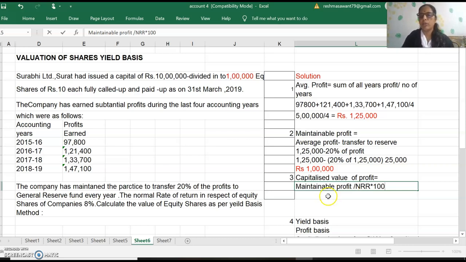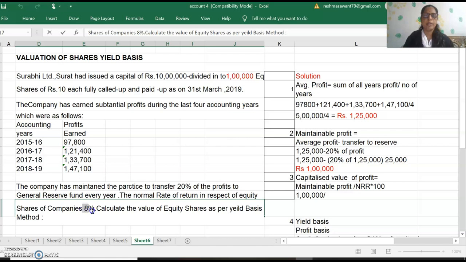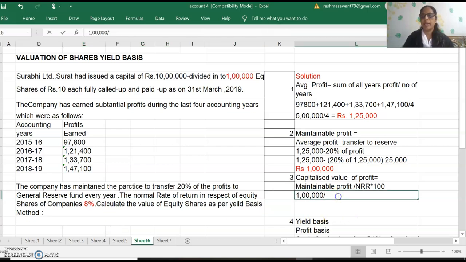Now we put in the amounts. Maintainable profit, which is calculated in step number 2, is rupees 1 lakh, divided by NRR, which is mentioned in your question, that is 8% in similar companies. So you can consider 8. Don't consider percent because we are already multiplying by 100.